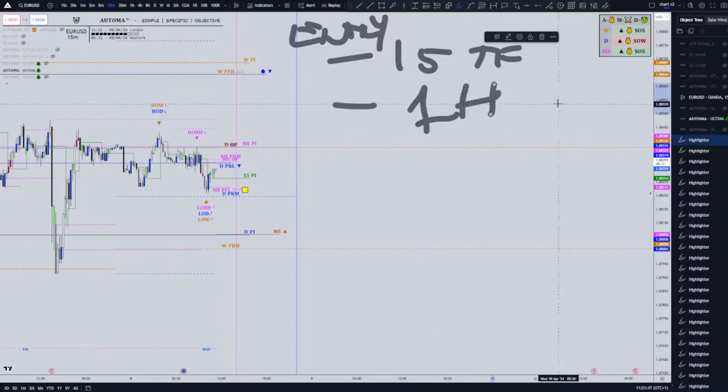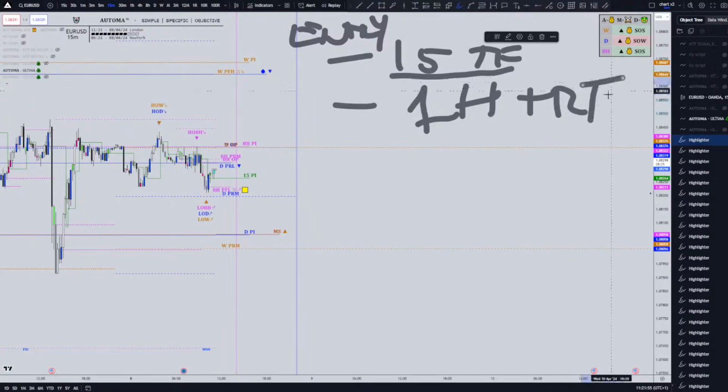So that means your entry will be on 50-minute trigger bars with 1 hour time rotation. Because the 50-minute is the obstacle for 1 hour, and the smallest time rotation you want to see on 15-minute time frame is 1 hour time frame, 1 hour time rotation.